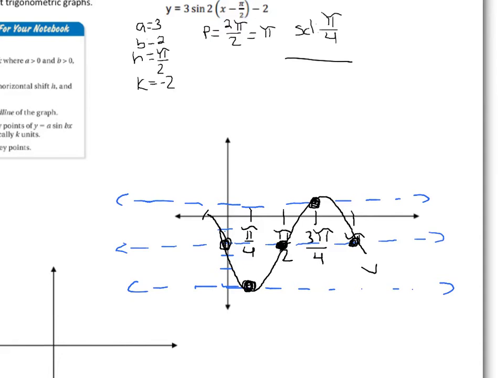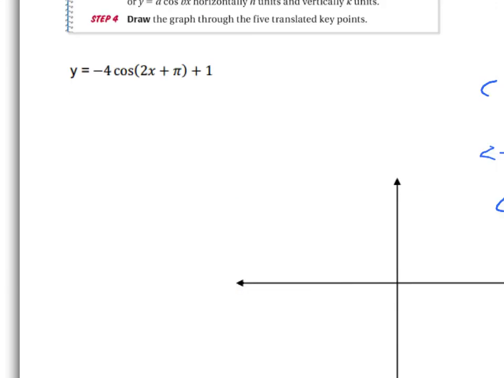Okay? So let's take a look at the next one, see what happens when we get this reflection that goes on. Okay, so identify A. A is negative 4, but the amplitude of that is 4. B, now watch what I have to do here.